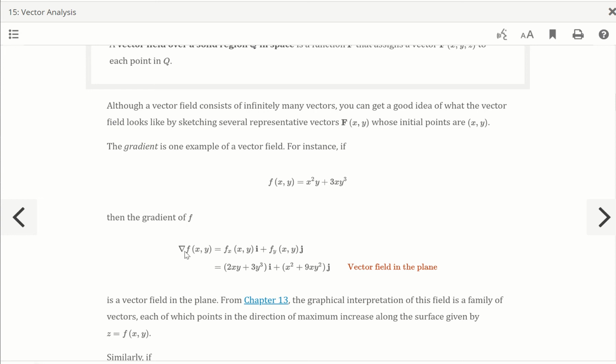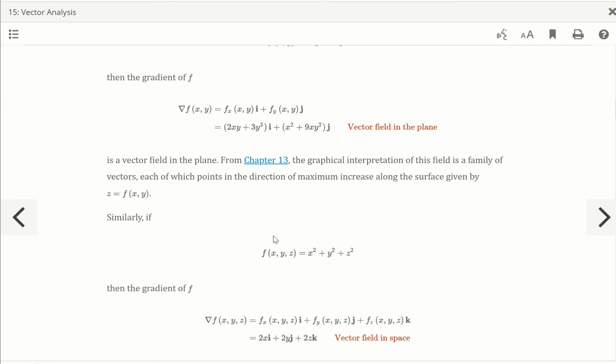The gradient is a function that would assign to each point x, y in the domain of the region where these partials exist a vector. So we plug in a point, and we get a vector out. So the gradient actually provides a vector field.